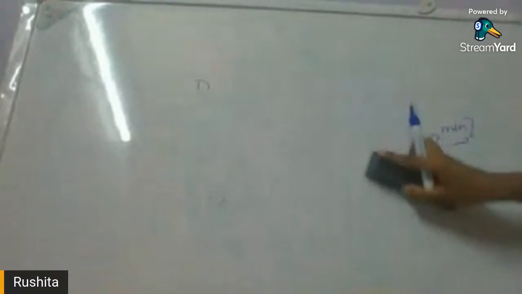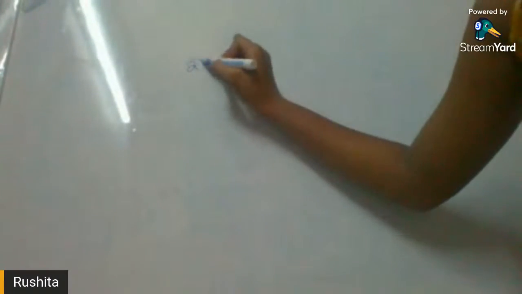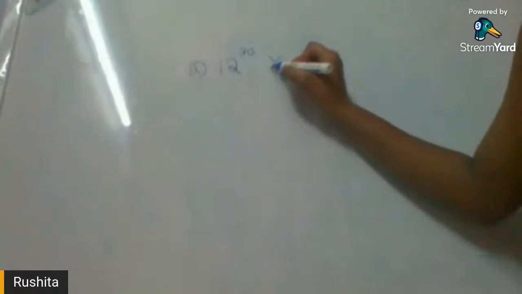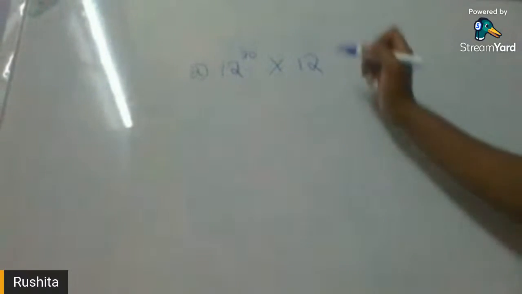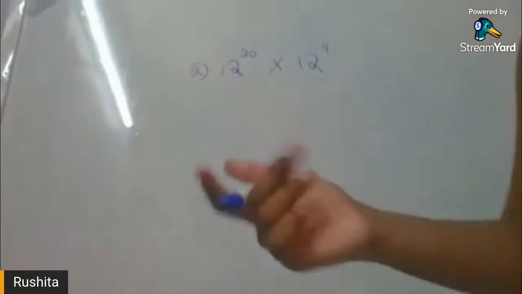Now let's go to the second question I'm having. The second question is 12 to the power of 20 into 12 to the power of 9. Okay? Now it's very simple, as you know. You guys know it, right?